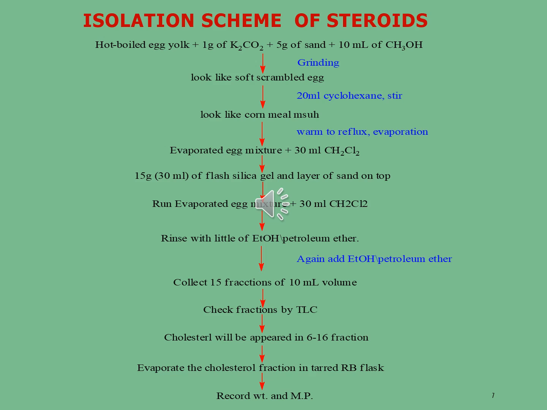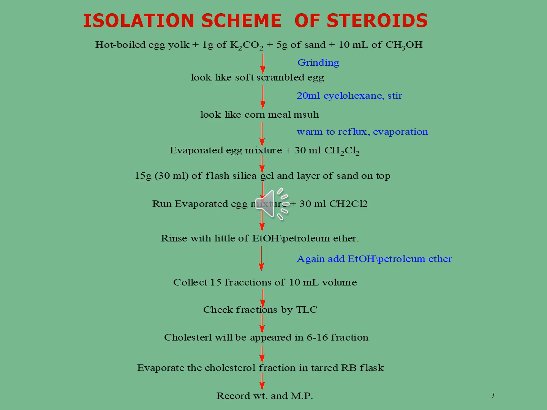So in this way, from the column chromatography, we will get a total of 15 fractions, and each fraction has 10 ml of volume. Now each fraction is subjected to thin layer chromatography for the identification of the pure compound as well as for the presence of steroid molecules. So the cholesterol will be spread into 6 to 16 fractions.